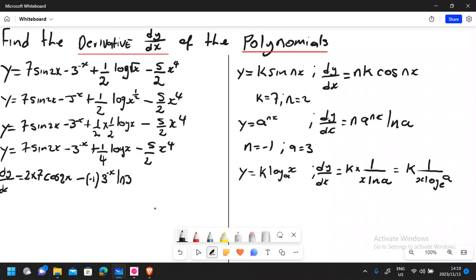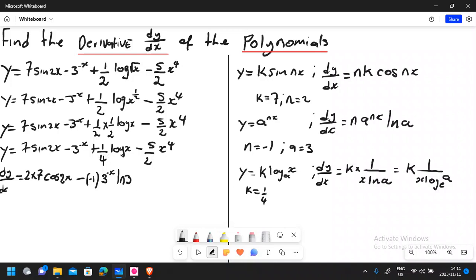Okay, now let's apply the very same formula on this problem here. Before we start, we need to know what our k is. Our k on this one is going to be 1 over 4.